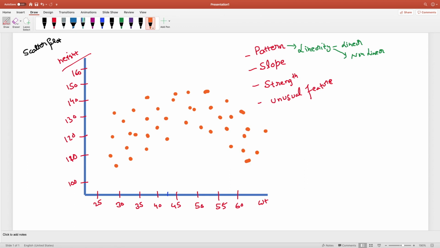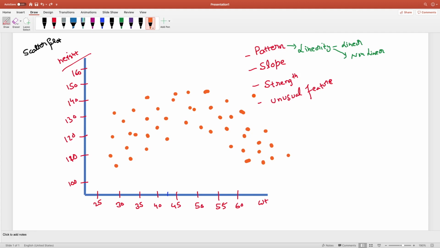Now in this case I would say that I have a non-linear pattern, which means that the values are increasing and then later on it is decreasing. So I cannot decide that if the weight keeps on increasing, then height always keeps on increasing. I'm just giving you an example over here. So I can also say that my line will keep on declining over a period of time. So I would say this is a non-linear relationship.